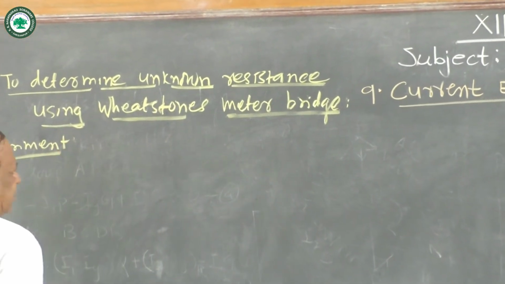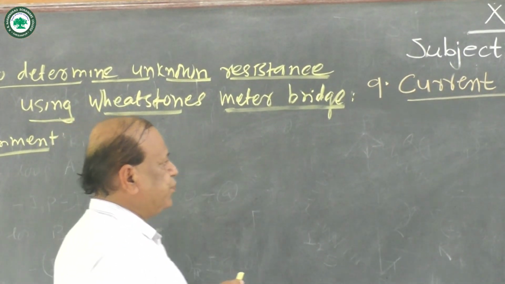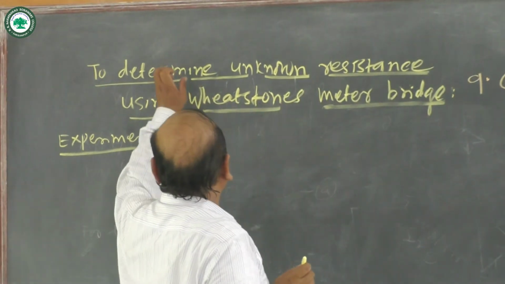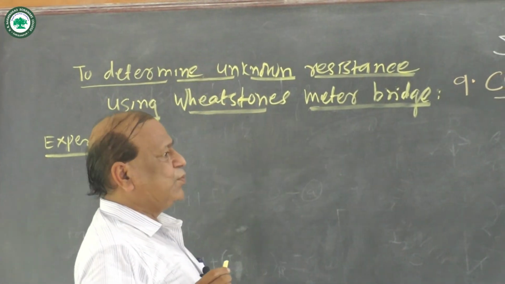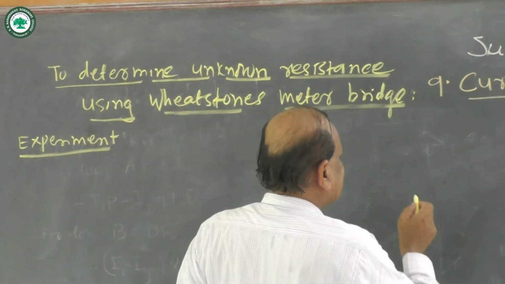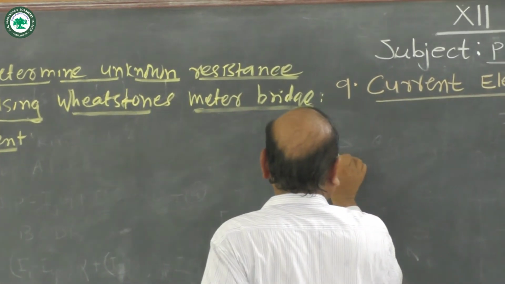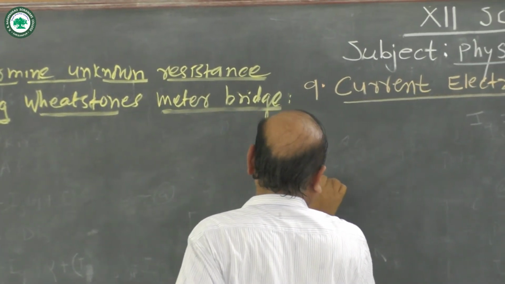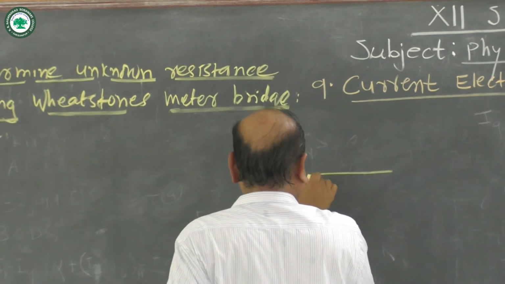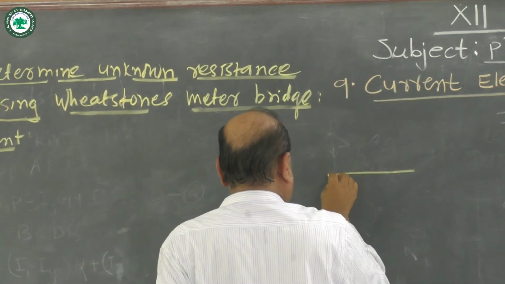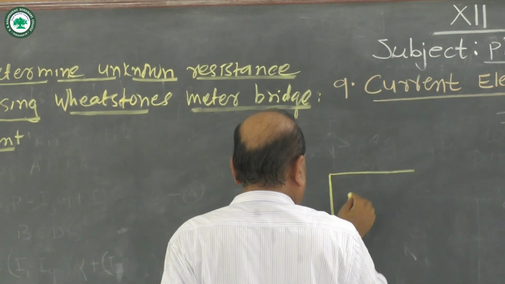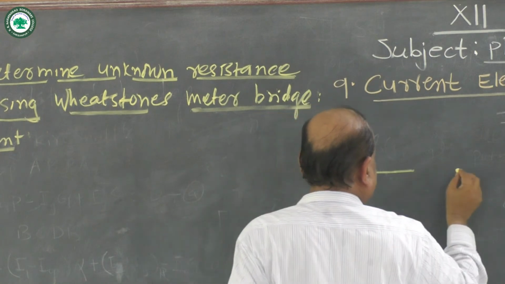For this experiment, make the circuit connection. Wheatstone's meter bridge consists of two L-shaped metal strips.